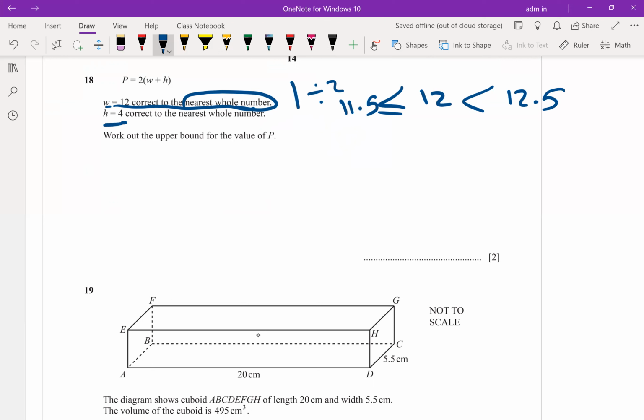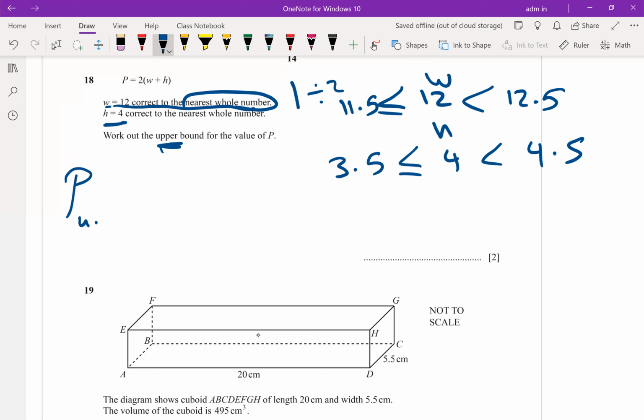H is 4 corrected to the nearest whole number, so the limits will be 3.5 and 4.5. Work out the upper bound of P. How to get the upper bound? For W, will it be upper or lower?